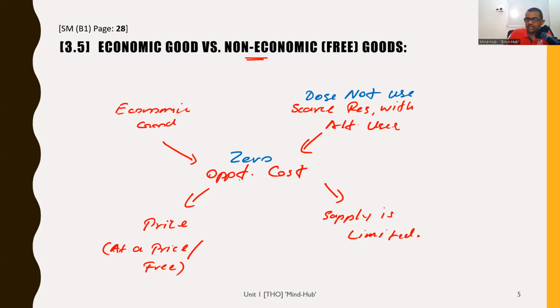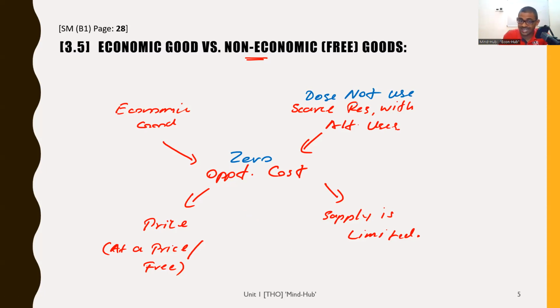Because we don't use scarce resources with alternative uses, we do not have opportunity cost. When we don't have opportunity cost, then what happens? We will not have a price.